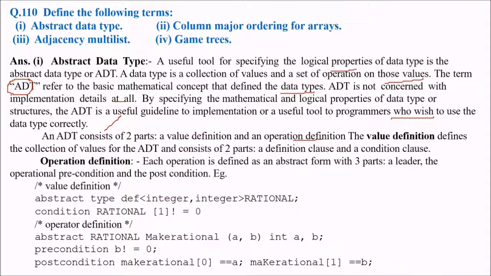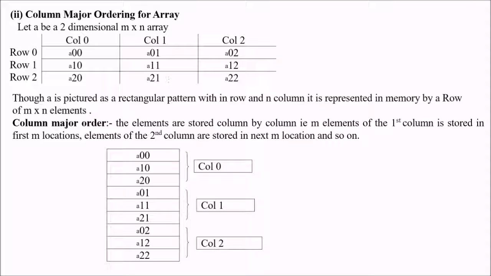The value definition defines the collection of values for the ADT and consists of two parts: the definition clause and the condition clause. This is the operation definition, just an example, so you don't need to worry about it. Just some precondition and postcondition are there, and then you can implement it by yourself. It's your discretion.